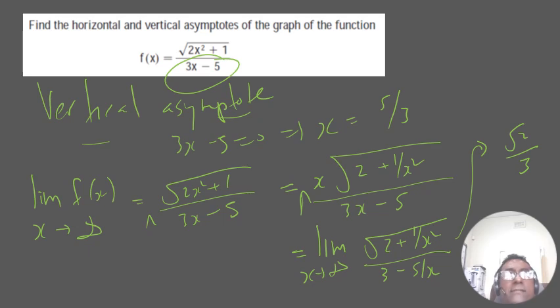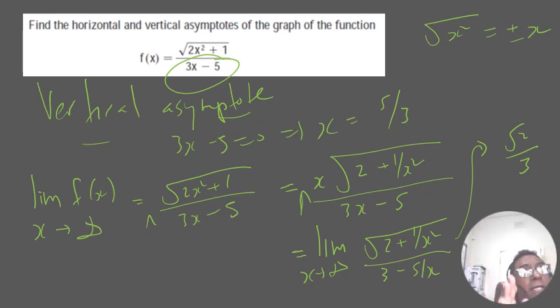Now it's interesting, because what I did was pull out an x squared and take the square root of x squared. Just a reminder, the square root of x squared is plus or minus x.